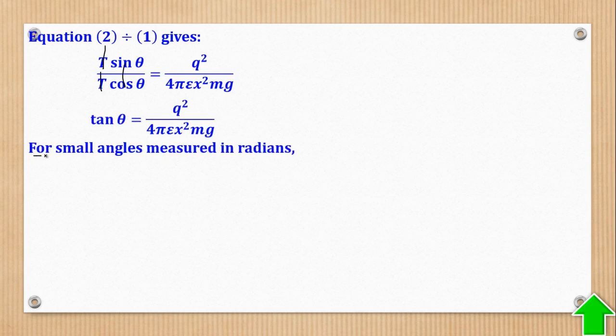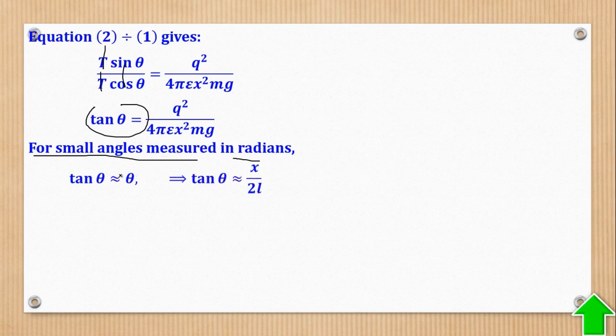Then I also remember that for small angles measured in radians, tan theta is, okay, let me write it. Tan of an angle approximates to that very angle. So that means that tan theta is approximately equal to theta. But remember, we already got theta.